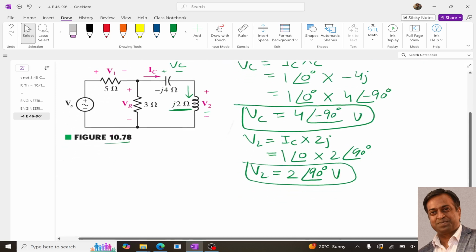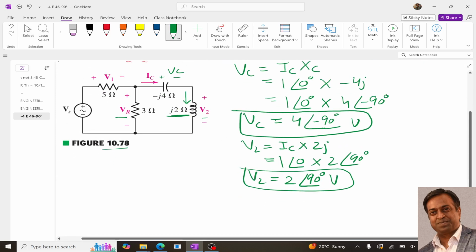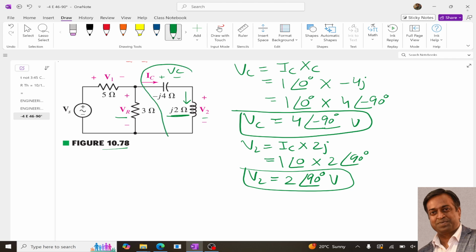Now to determine VR, this 3 ohm is in parallel with the branch containing the impedances 2j and minus 4j. The total impedance of that branch is minus 4j plus 2j, which is minus 2j.